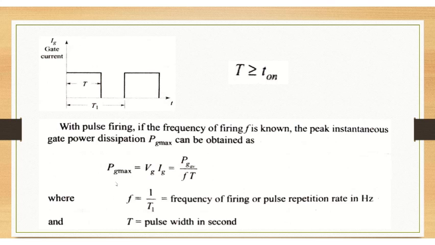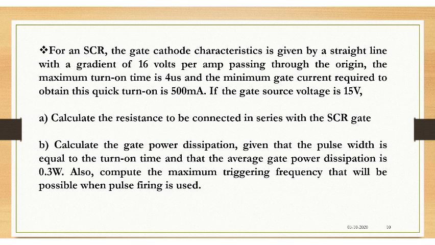So this is again a relation. I hope you are copying down all the parameters and equations. With this, I expect you to go through this problem and try to solve.